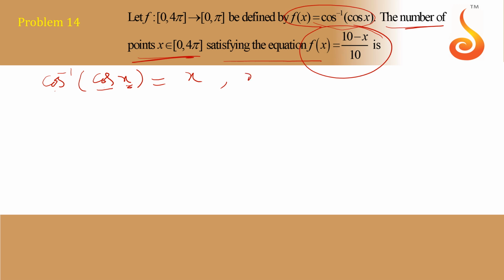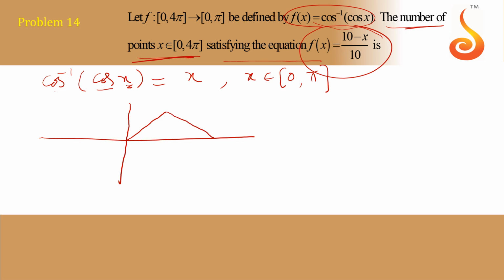So this x must be in 0 to pi. So you know how to draw the graph for this from 0 to 4 pi. So it is x from 0 to pi, then pi to 2 pi, 2 pi to 3 pi, 3 pi to 4 pi. This is the graph of cos inverse cos x in this domain.